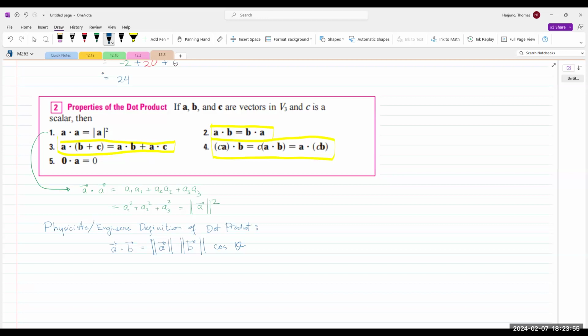Okay, so imagine you have vector A and then vector B, and this is the included angle. Then the dot product is basically the product of the magnitudes multiplied by the cosine of that theta.